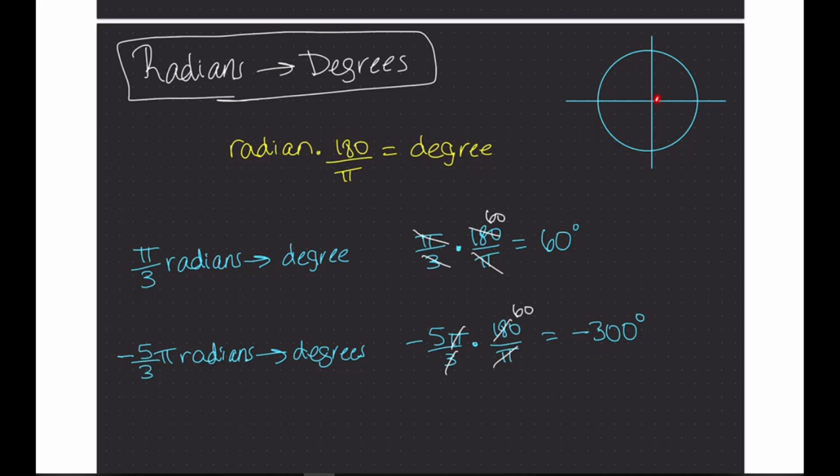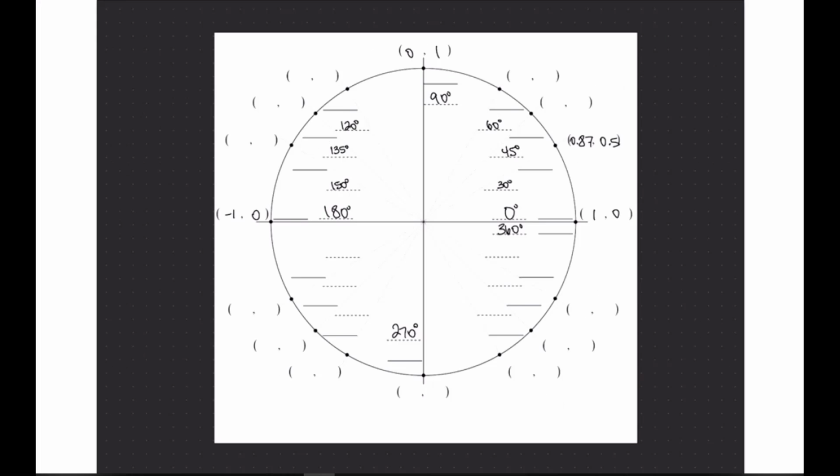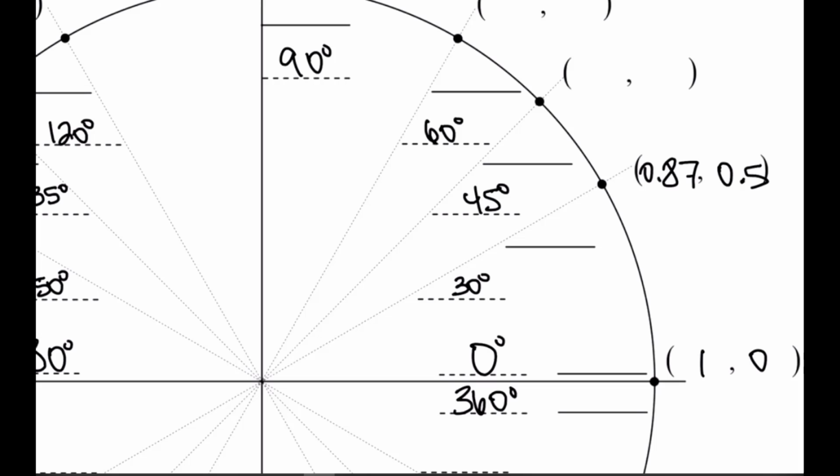So on our 60-degree angle, which was like right about here, that's going to have a radian measure of pi over 3. I should keep going back to him and filling them all in. So we filled in all of our angles, and we filled in all of our x's and y's. So that solid line had to do with our radians.